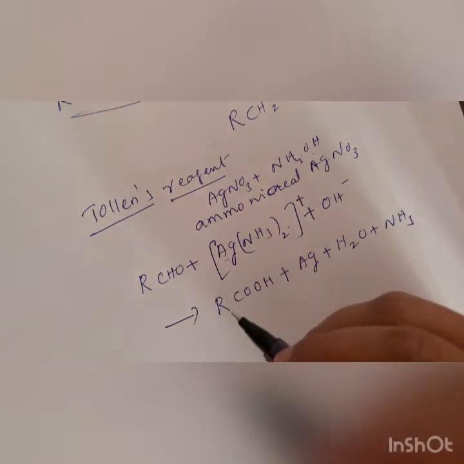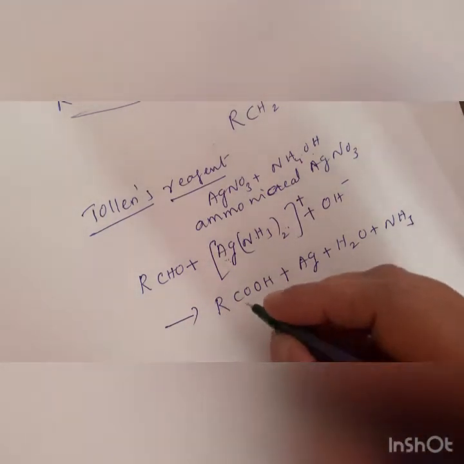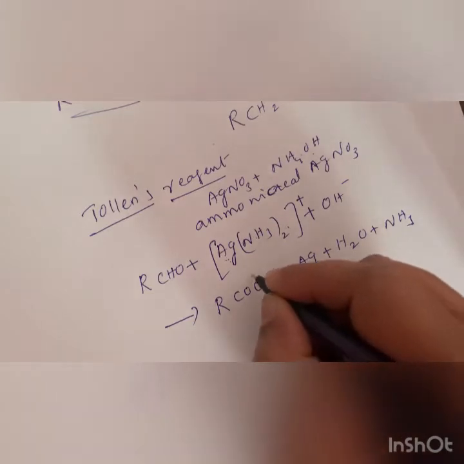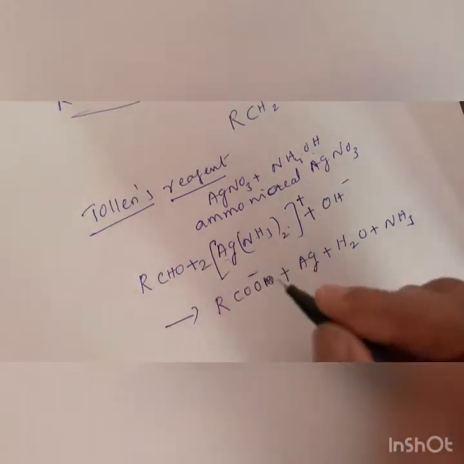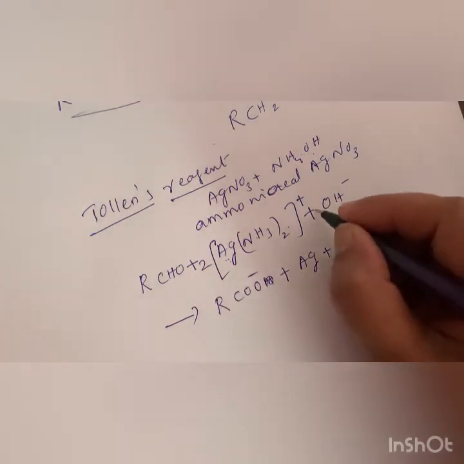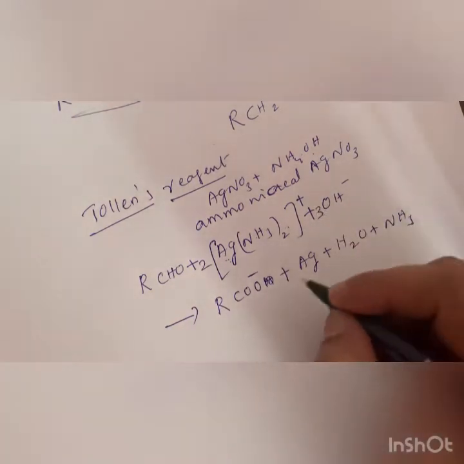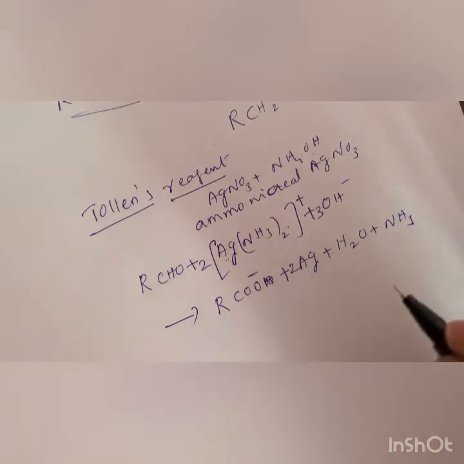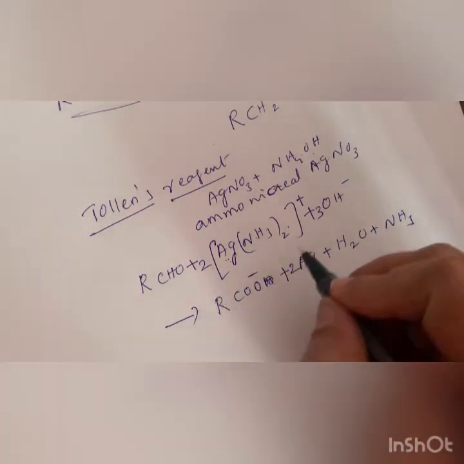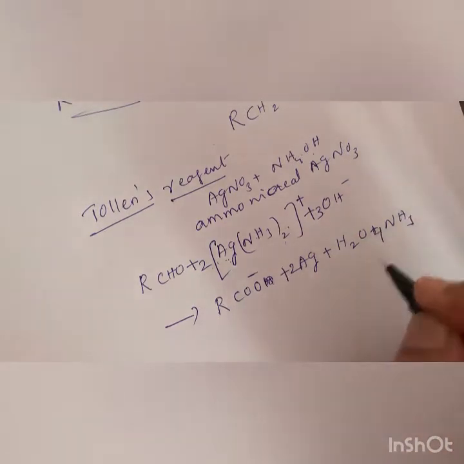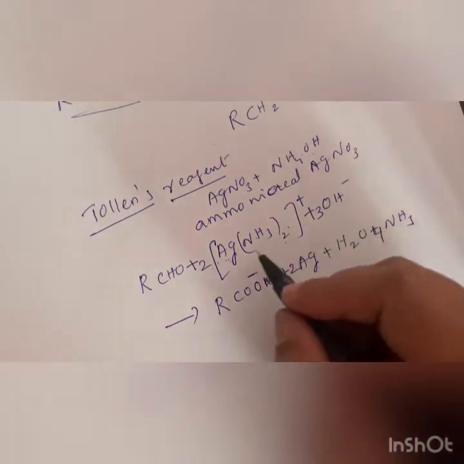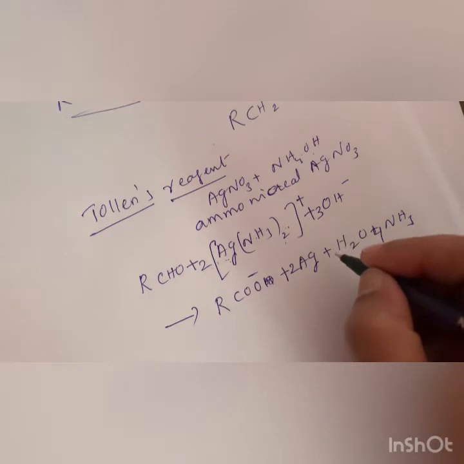RCHO changes to RCOOH, or RCOO minus you can also write. For balancing the reaction, this should be 2 and this should be 3. Then how many Ag? Here 2 Ag will form. Then 4 molecules of ammonia will be there, and 2 molecules of water will be formed.